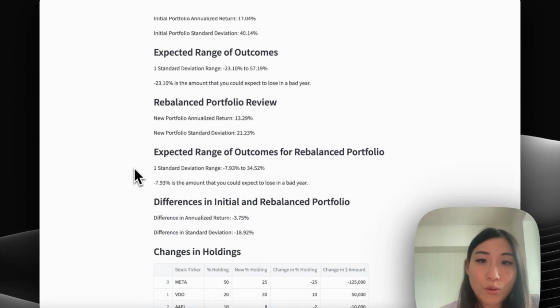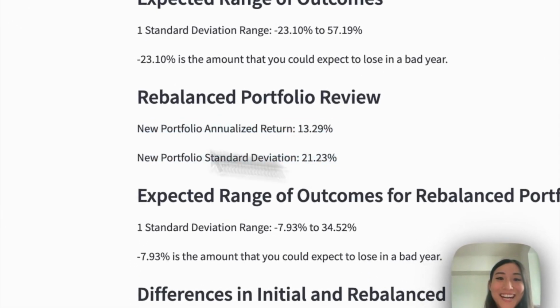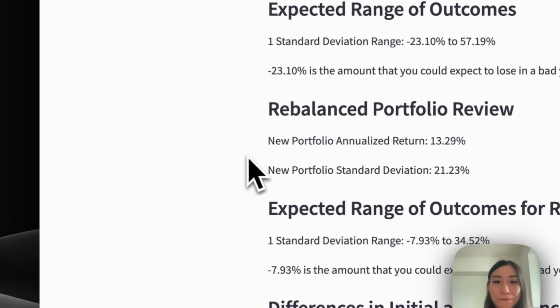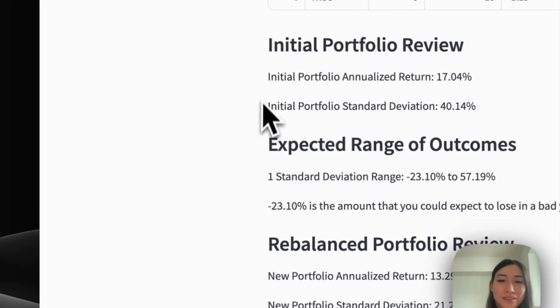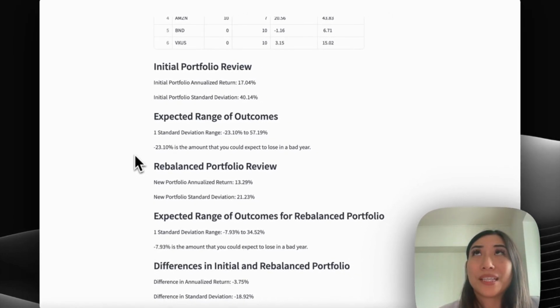And what you then notice is the new portfolio standard deviation is a lot less now, so it's at 21% versus the 40% before. Now you may note that the returns did decrease a little bit, and that's normal because usually it's higher risk, higher return.